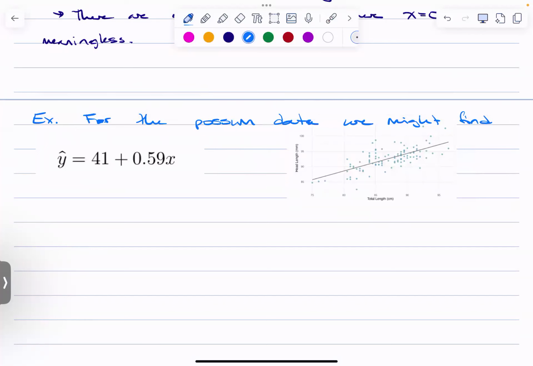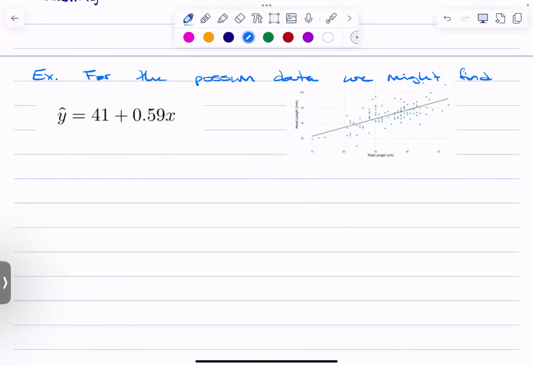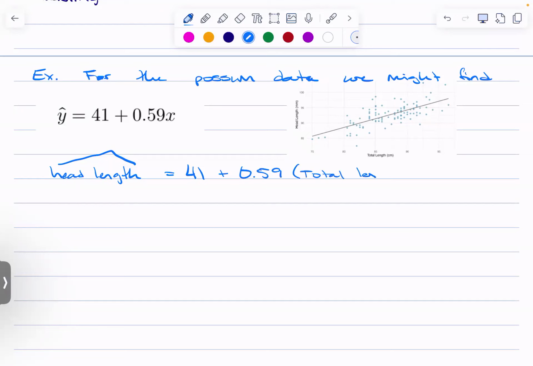So we might write y hat, which is the head length, is 41 plus 0.59 times the total length. Now it makes it more obvious that these are just placeholders for some total length, and in return, I'm going to get some predicted head length.